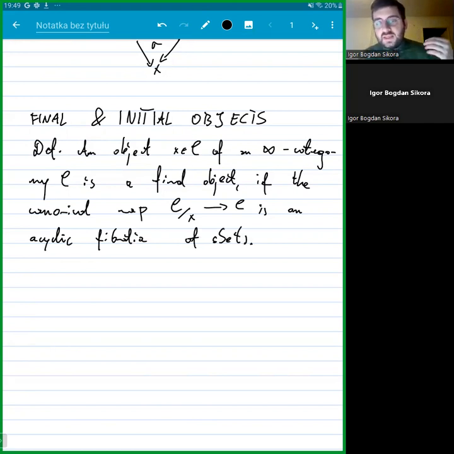So what this says is that if we remove the object X from the category C, then we don't lose any information. But we have also more explicit description of these final objects.